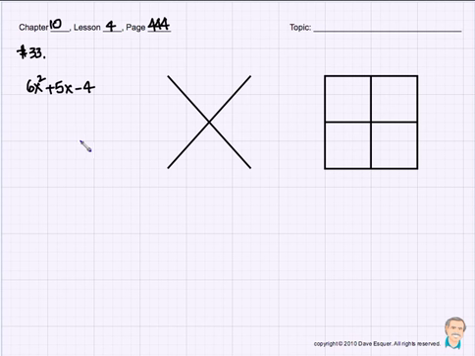So let's see if we can factor 6x squared plus 5x minus 4. So we have a is equal to 6, we have b is equal to 5, and c is equal to negative 4.